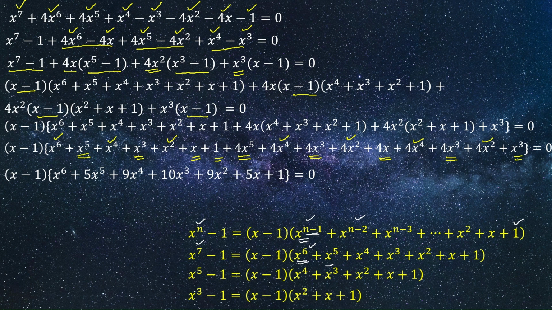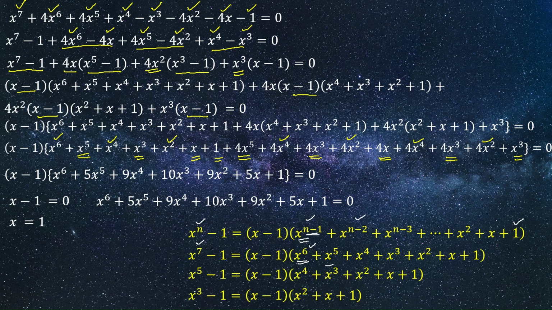We can write it as x - 1 is equal to 0, or x^6 + 5x^5 + 9x^4 + 10x^3 + 9x^2 + 5x + 1 is equal to 0. From the first term, we can get x is equal to 1.